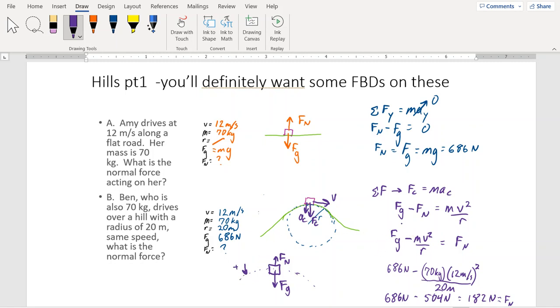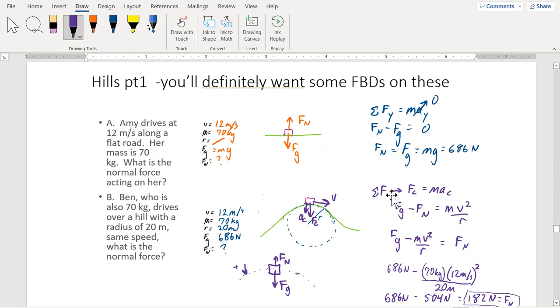That's why I have the positive sign for grav and negative sign for that. So we're really just finding the size here. This is the magnitude of the normal force for this scenario, 182 newtons. That's the normal force acting on Ben.